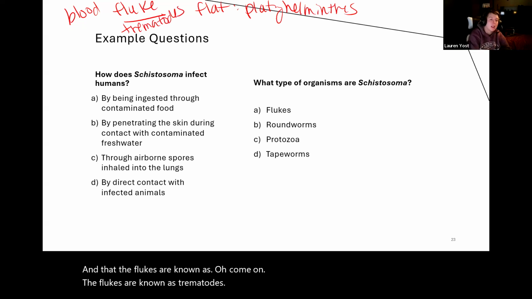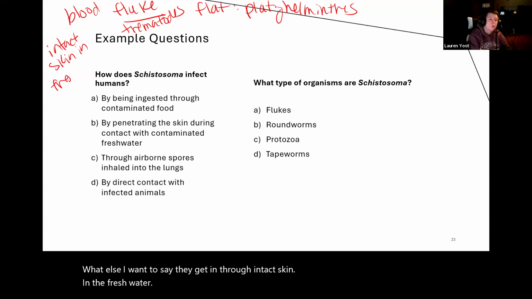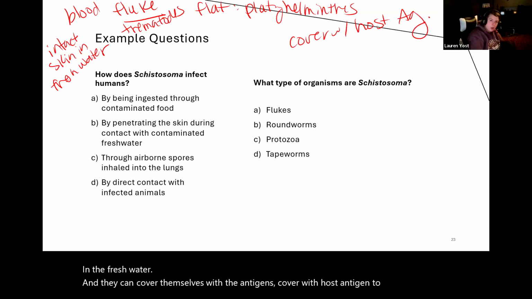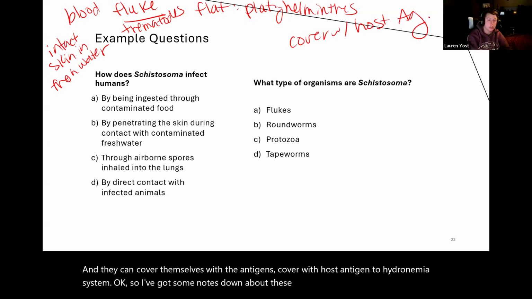What else do I want to say? They get in through intact skin in the fresh water. And they can cover themselves with host antigens to hide from the immune system. Okay, so I've got some notes down about these guys. Let's see if we can answer some questions.